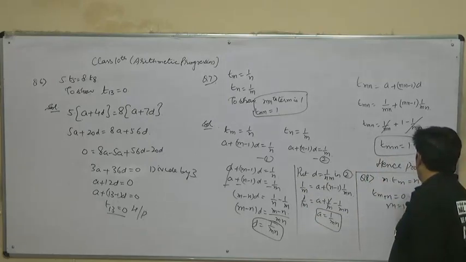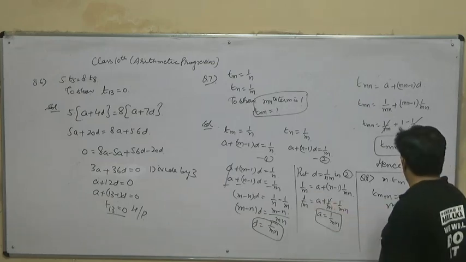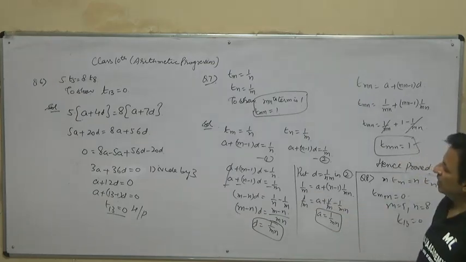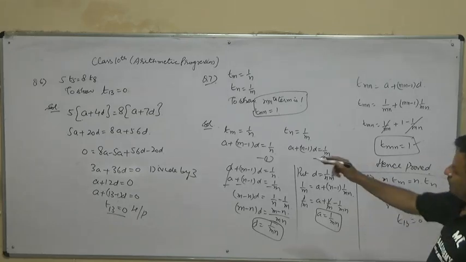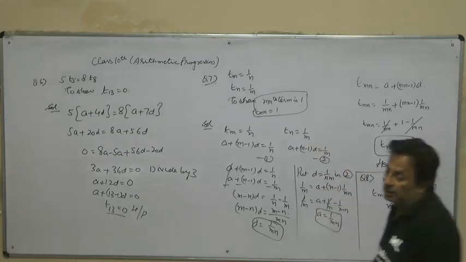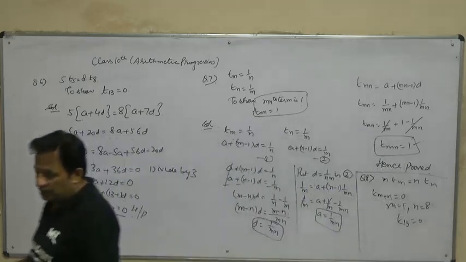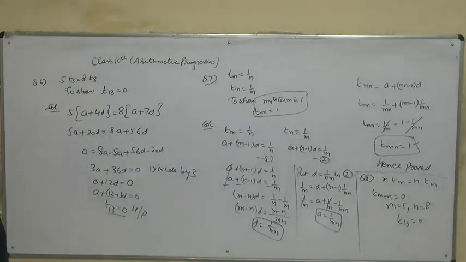Then T13 is equal to 0, which we have already proved. So we have to do it in the same manner as the last question. This is a specific example of this question. Now we will do this question here. So first I will erase this part, then we will do the question.